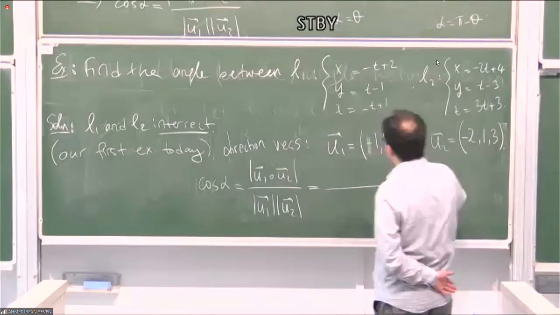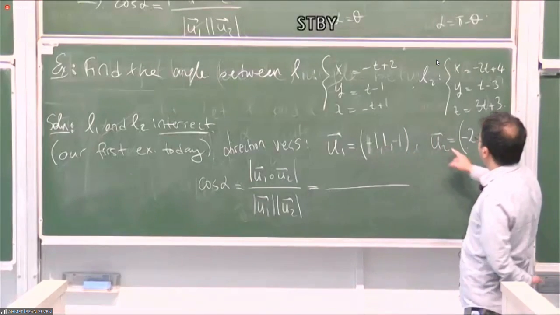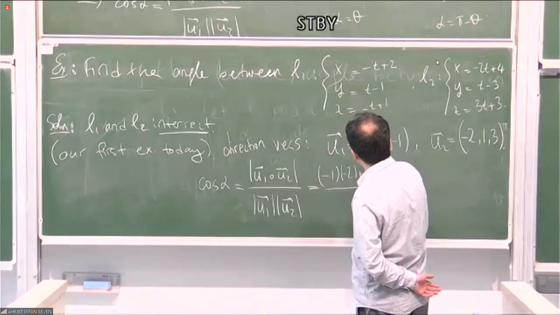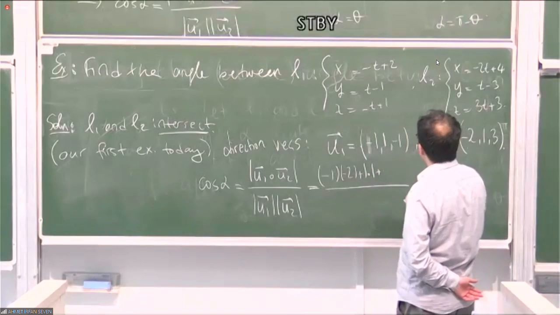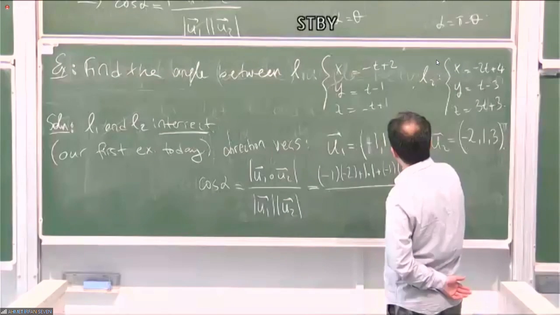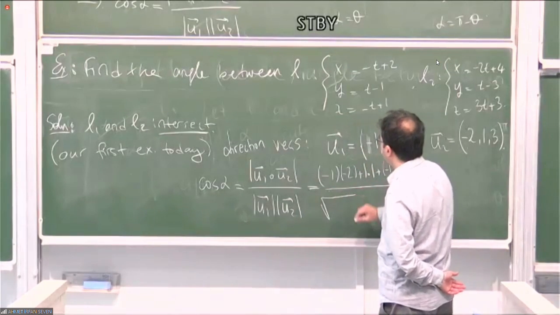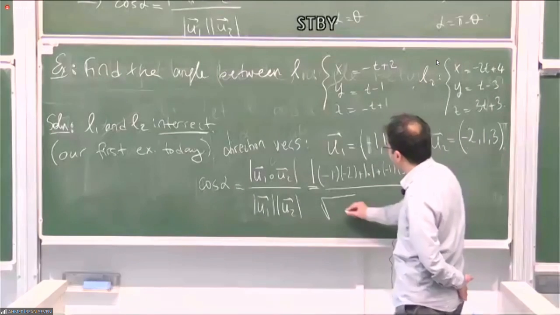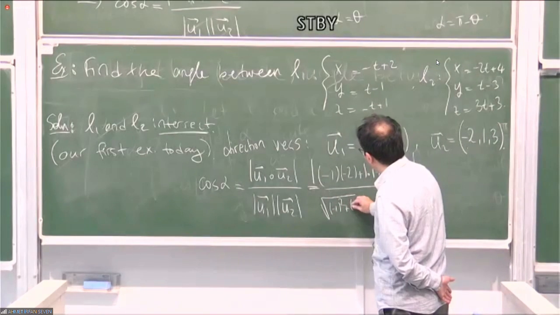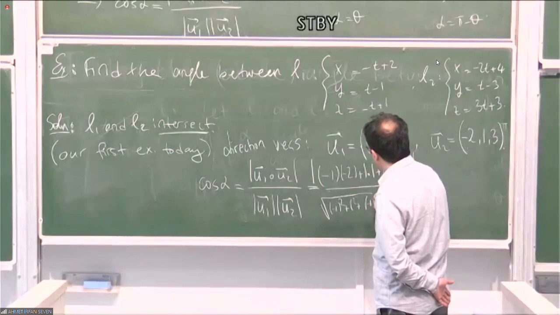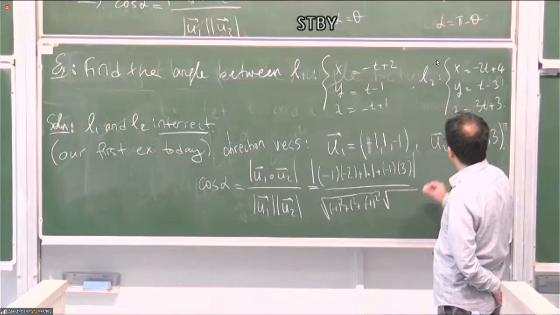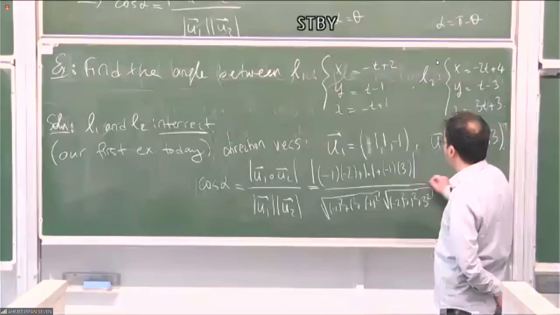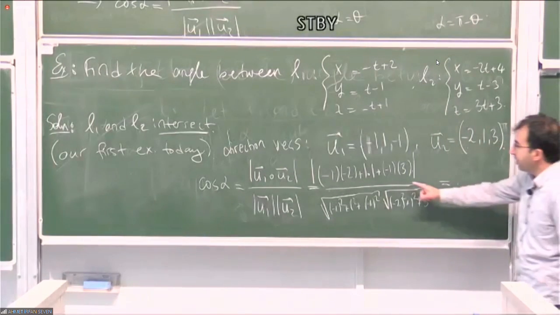Let's compute these numbers. u1 dot u2 is minus 1 times minus 2 plus 1 times 1 plus minus 1 times 3, with absolute value, divided by length of u1, which is the square root of minus 1 squared plus 1 squared plus minus 1 squared, times length u2, the square root of minus 2 squared plus 1 squared plus 3 squared.